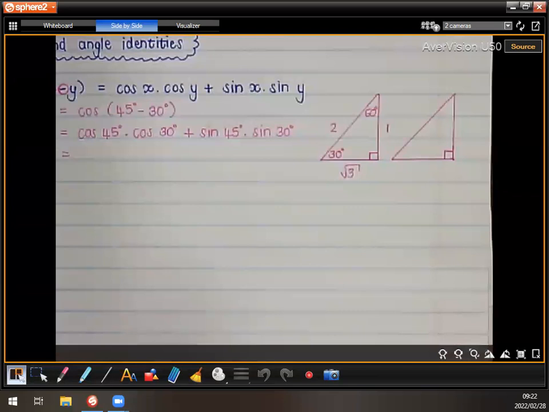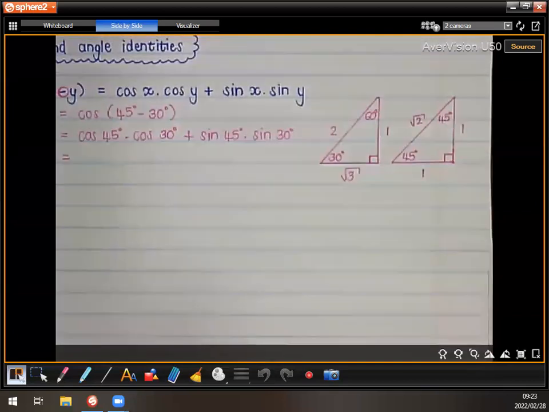You don't have to draw them as big as me. I usually do the 30-degree angle at the bottom. This one is easy to remember if you remember that 1 has to be opposite 30. Then you go anti-clockwise: 1, 2, 3, but the 3 has to be the square root.